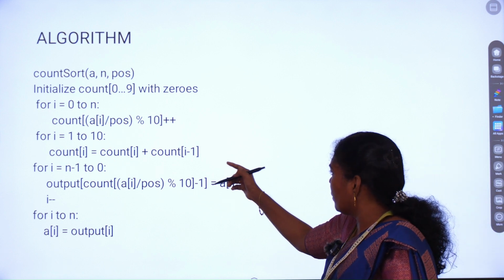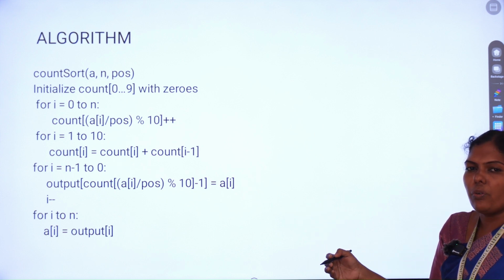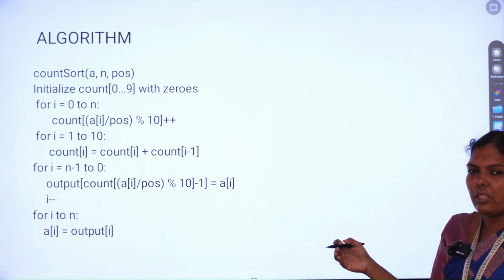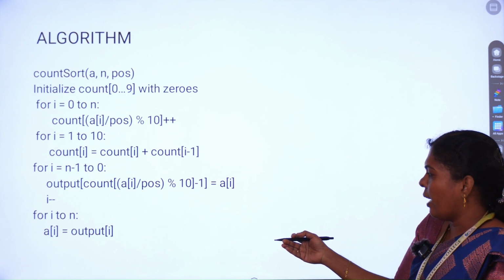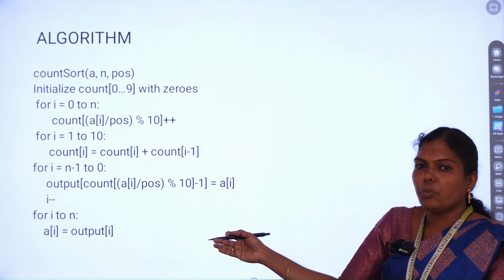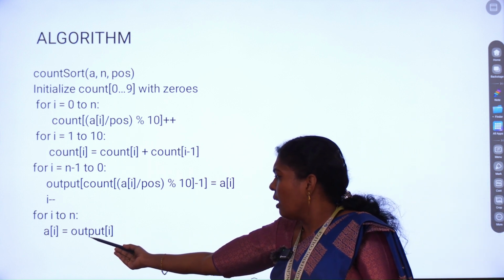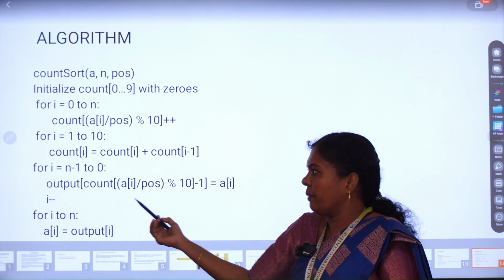Here we need to build an output array. After completing the counting sort, the array elements move from the output array to the original array.